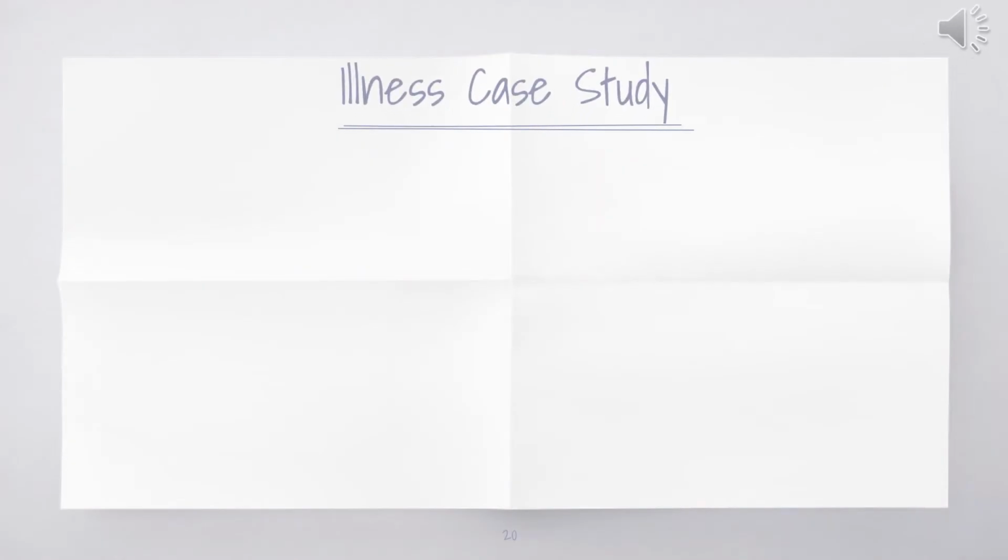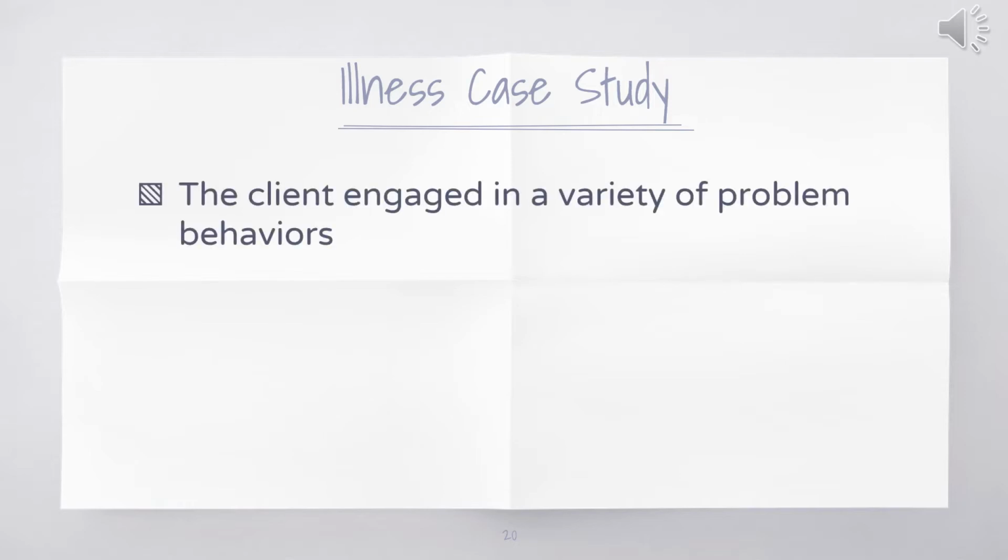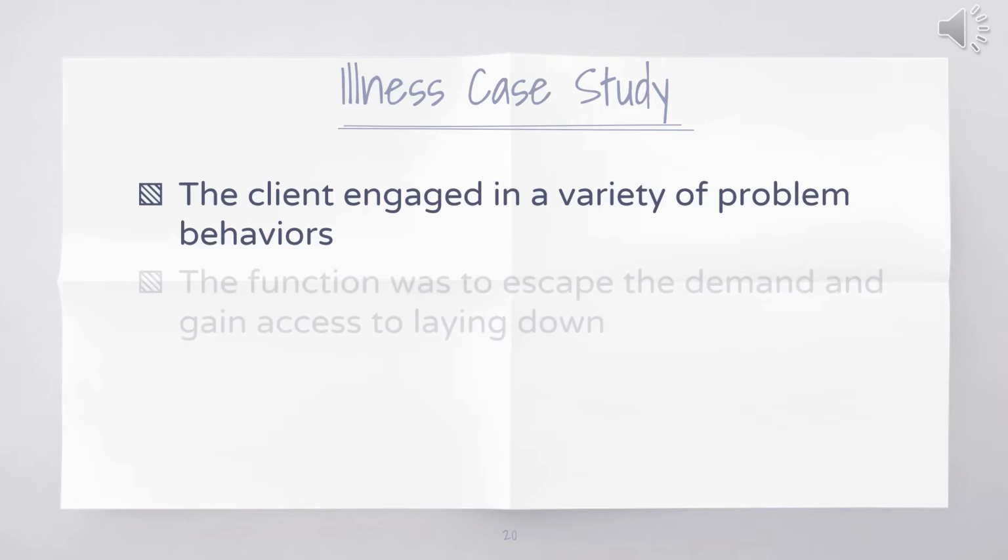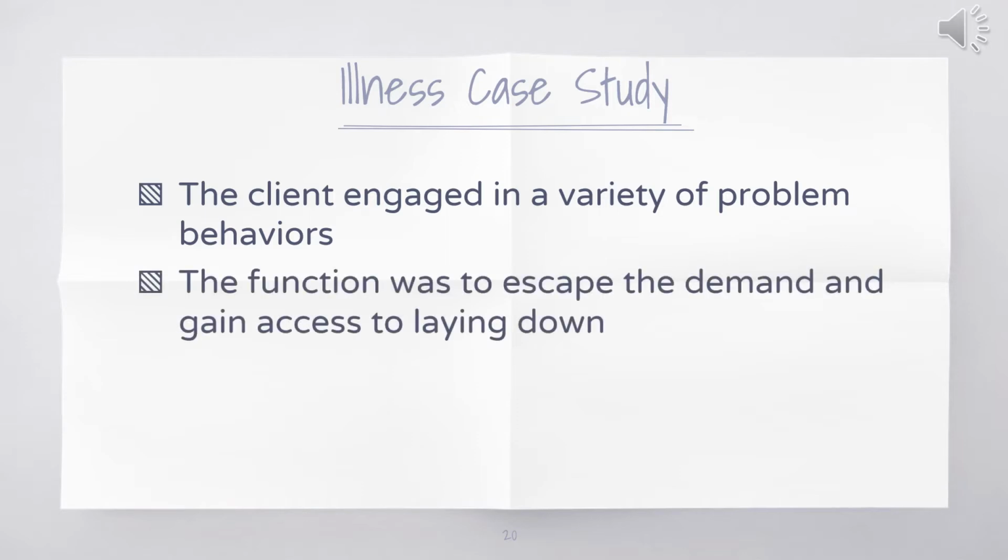In the previous video, you can see the client engaging in a variety of problem behaviors, including whining, non-compliance, and eventually flopping to the ground. The function of those problem behaviors was to escape the demand that the technician was giving and to gain access to laying down.